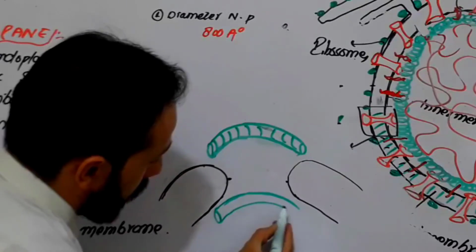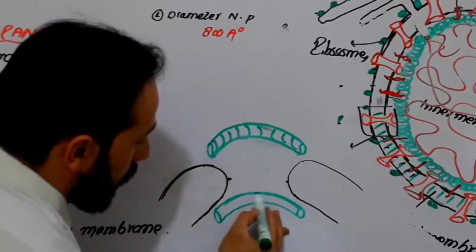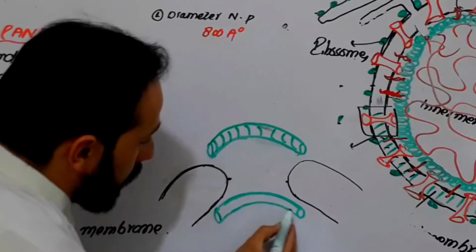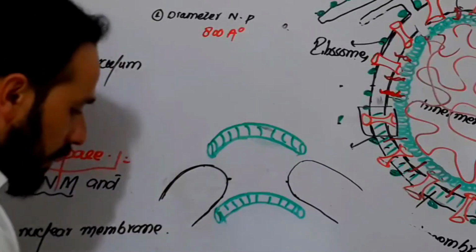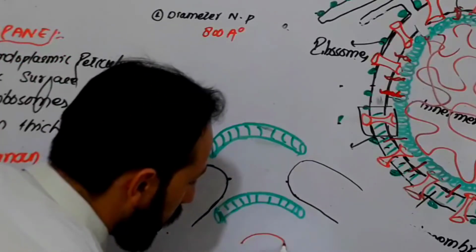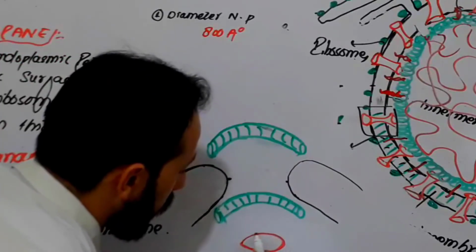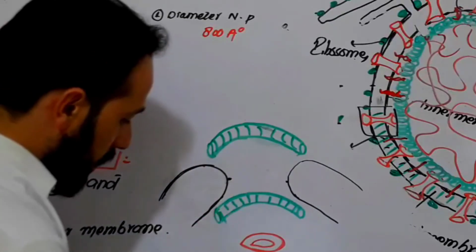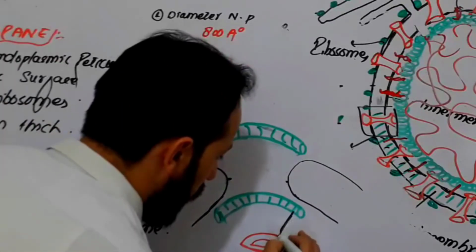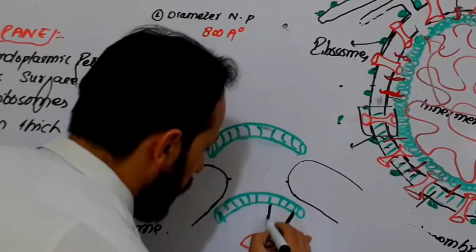This nuclear ring is connected to another small ring, and this is called the nuclear basket, right? This basket is connected with the inner nuclear ring with certain connecting proteins.